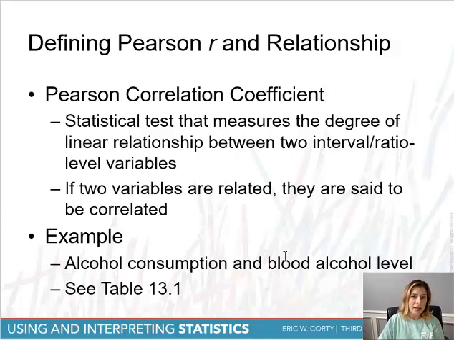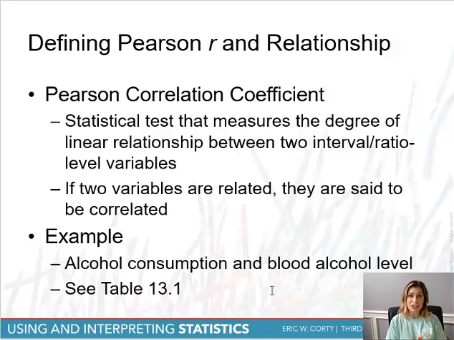So let's take a really generic, really easy correlation to understand. It's alcohol consumption and blood alcohol level, right? So the more alcohol a person consumes, the more their blood alcohol level is going to rise. So for any individual, you can measure two variables.